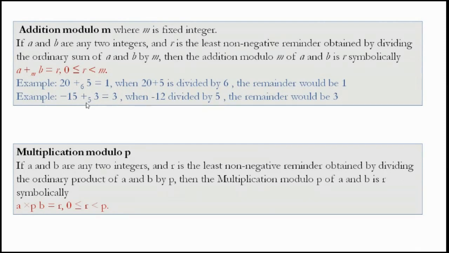Minus 15 multiplication modulo 5 with 3, what could be the resultant value? Minus 15 into 3 is minus 45.